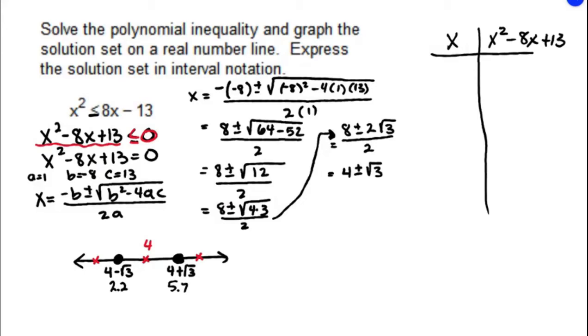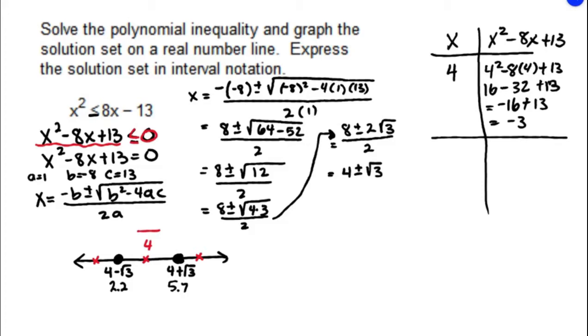That's going to help me identify my test points. So as I said, I'm going to test 4 into this expression: 4 squared minus 8 times 4 plus 13, and that works out to be 16 minus 32 plus 13. 16 minus 32 is negative 16, plus 13 will equal negative 3. So my test point came out negative in this interval.